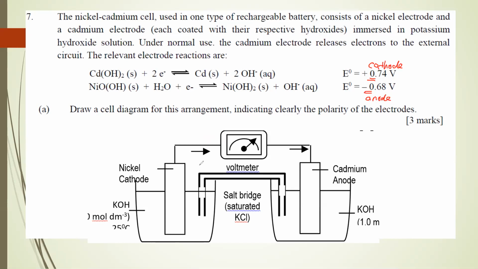So the electrons flow from the anode to the cathode, which is from the nickel anode to the cadmium cathode. Sorry for that, I mixed up the structure. So that is how you get question number A.